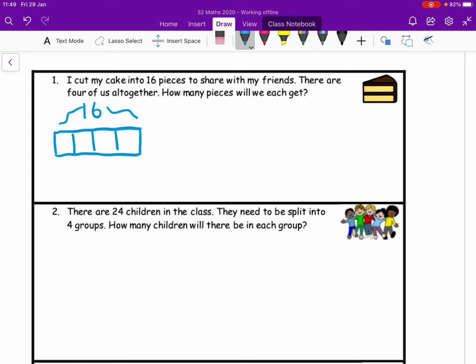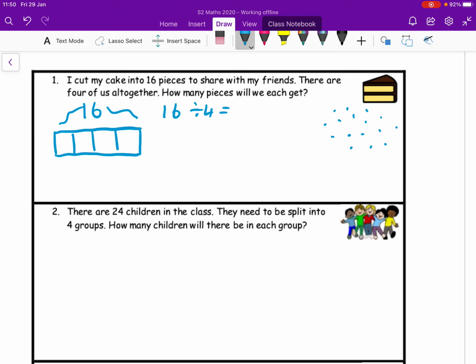Now, if you're then wanting to work out how many pieces that everybody should get, the calculation you're trying to do is 16 divided by 4. Now, hopefully lots of people will know that from their times tables already. If you don't know, it's easy to work it out. So if we just draw 16 little dots to represent the pieces of cake, it doesn't matter how I'm drawing them, I've just drew them quickly like that.